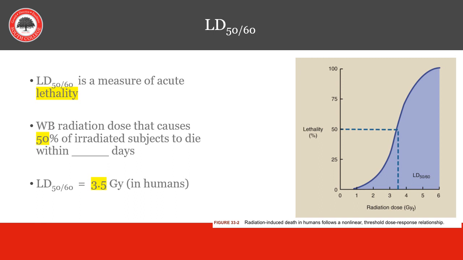But ours is 3.5 gray is the amount of radiation it would take. So if 20 people were in a room and we received 3.5 gray radiation to our whole bodies all at one time due to some type of explosion, and there was gamma radiation and it was dispersed, then half the people in that room would die in 60 days.